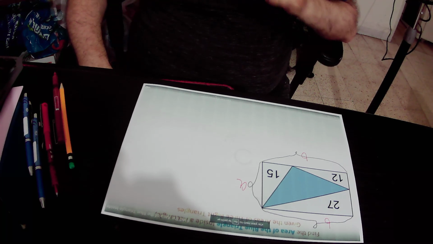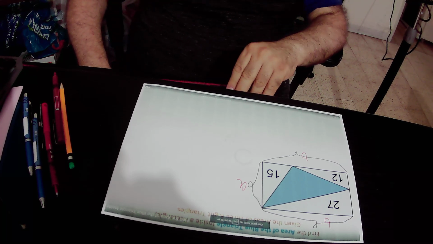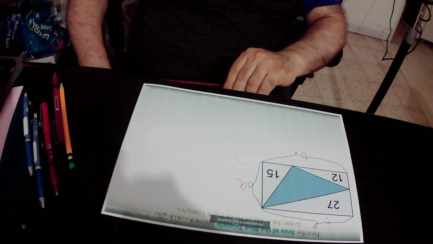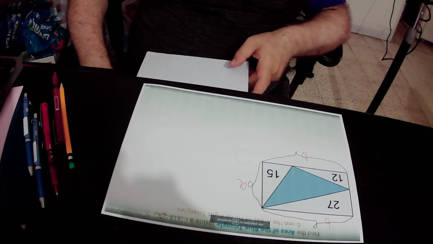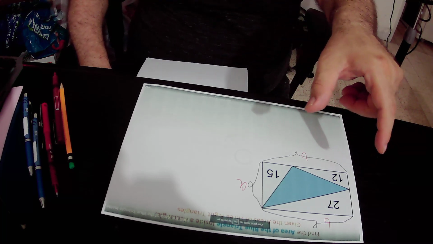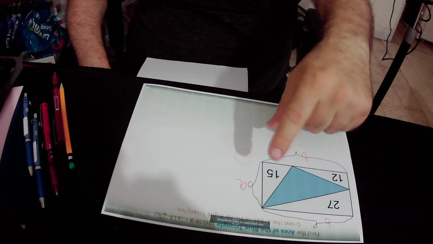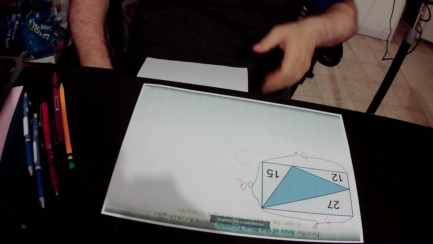And as you have already known, the area of the rectangle equals the length of the rectangle times the width of the rectangle.